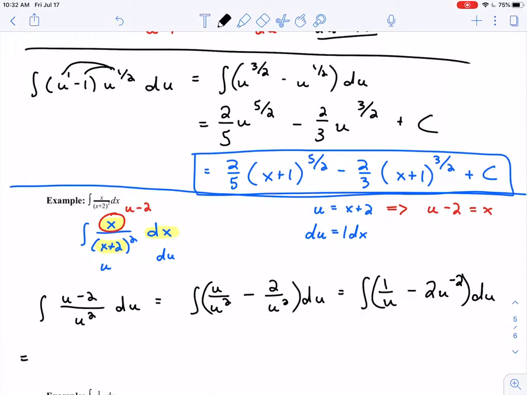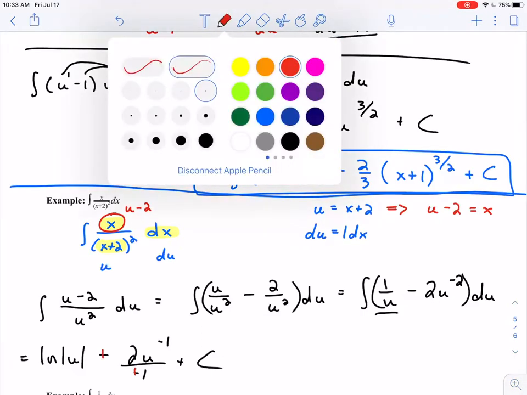So okay, I can take my antiderivative. I can integrate this. The integral of 1 over u is just natural log absolute value of u. Minus over there, I am going to have to do my power rule. So minus 2u to the negative 1 after I add 1, divided by negative 1, plus c. So this is really, let me fix this, minus a negative, that's really plus a positive.